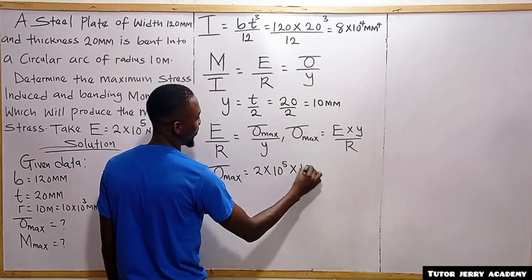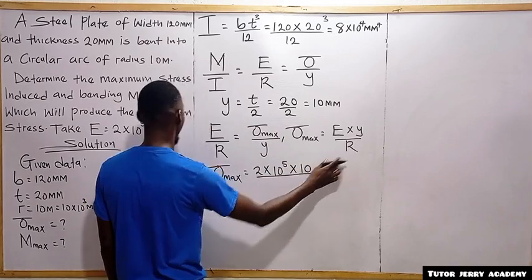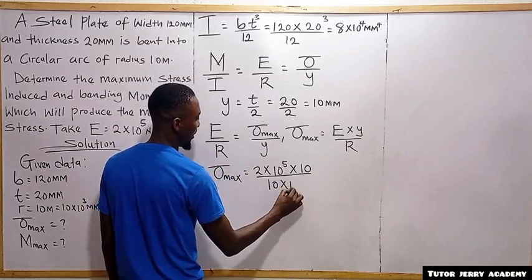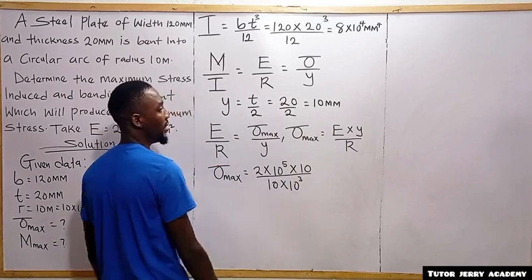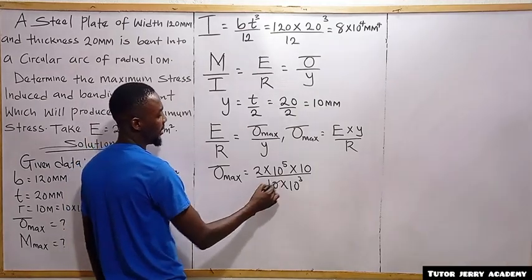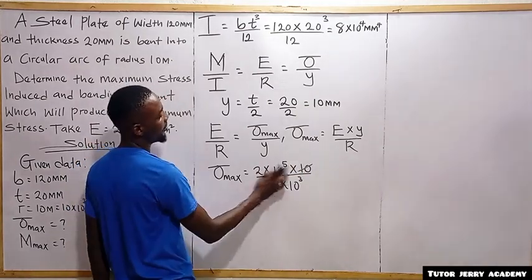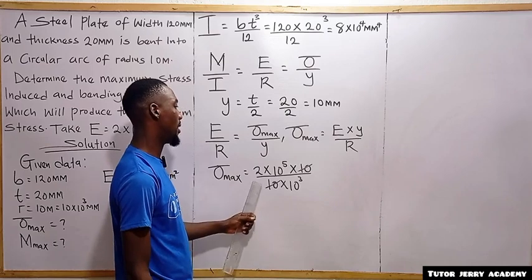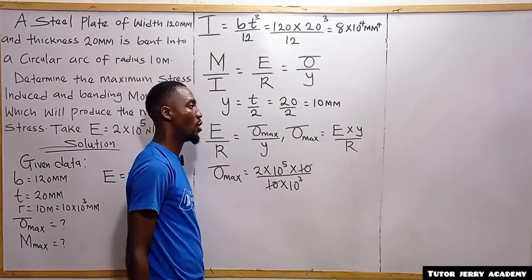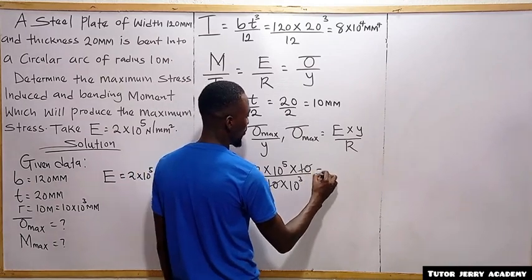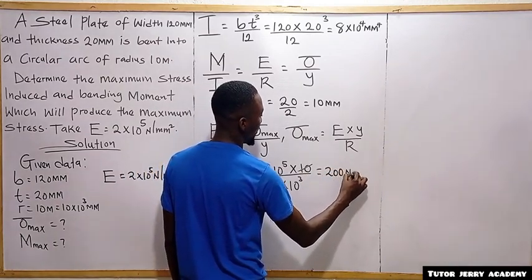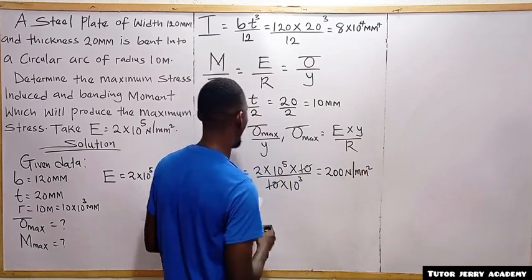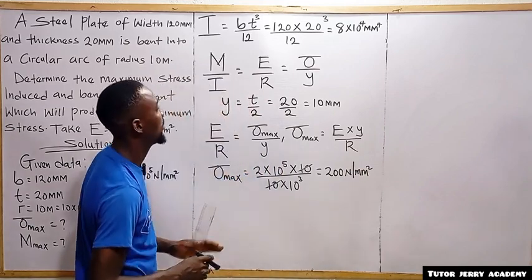Our y is 10 as well, then divided by our radius. Our radius is 10 times 10 to the power of 3. Alright, so this 10 here will go with this 10 here, and 5 minus 3 is 2. So our answer is going to be 2 times 10 to the power of 2, which is 200. So our answer here is going to be 200 Newton per millimeter square. Alright, so that is going to be our answer for the first solution.